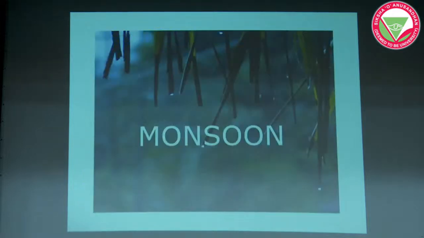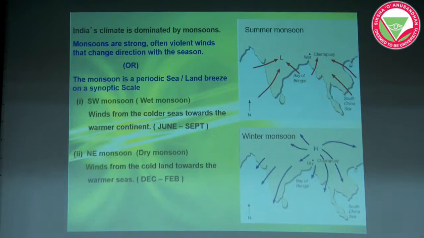Then comes the monsoon. You are all familiar with the monsoon, and India is also unique in that we have 2 monsoon seasons. For a monsoon, we decide where the wind is coming from and how much it is changing. If it is changing quite a lot, then we call it monsoon. We have 2 monsoons in India compared to other places. One is the southwest monsoon or summer monsoon, which occurs in June, July, August, September, as all of you know.